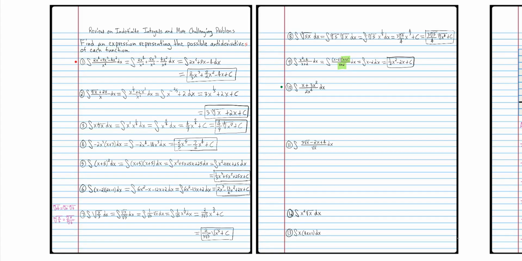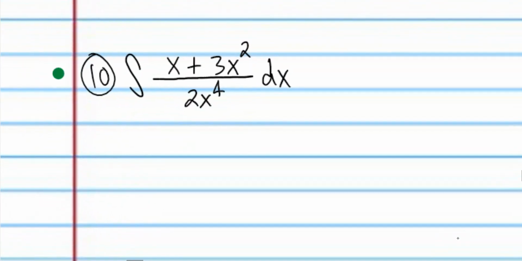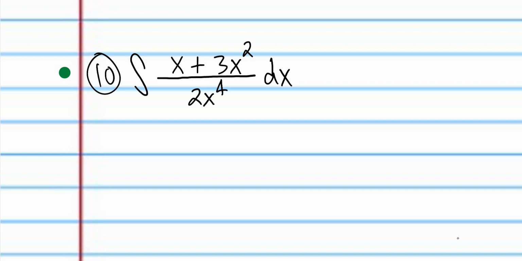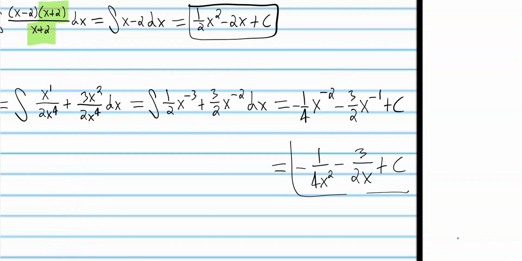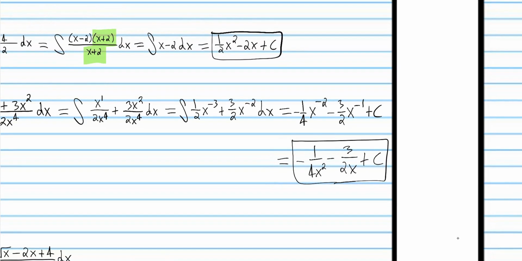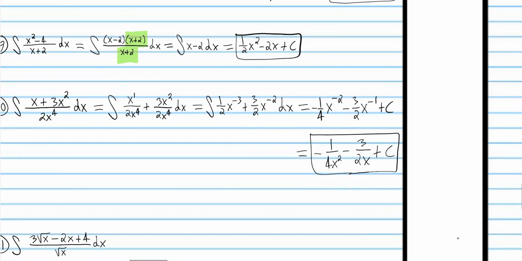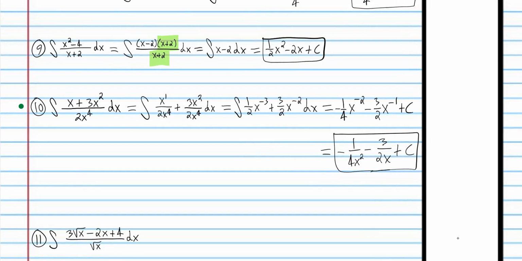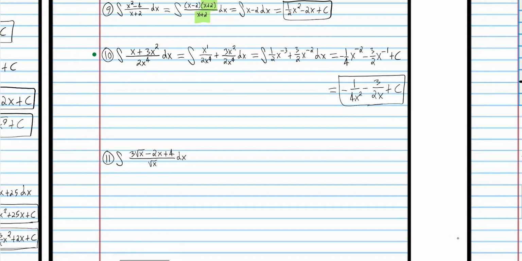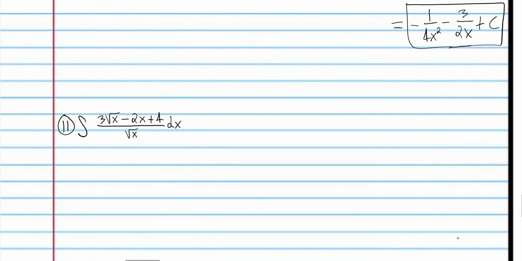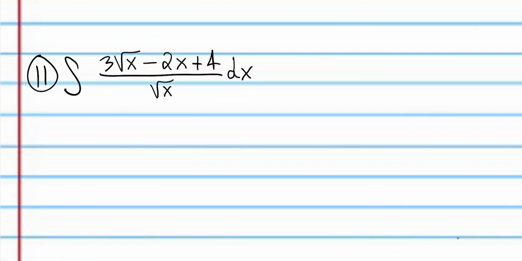So go ahead and try number 10, and when you come back we'll do it together. Okay, we're back. Remember, we're not allowed to have negative exponents in our final answers. So go ahead and try number 11, and when you come back we'll do it together.